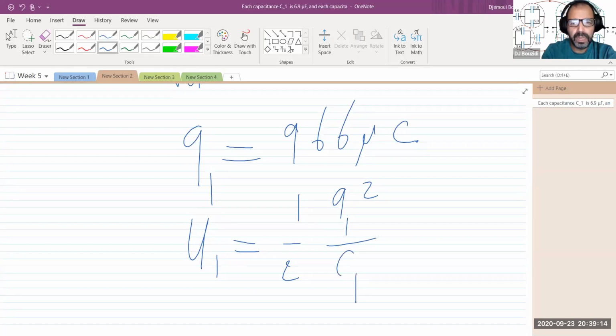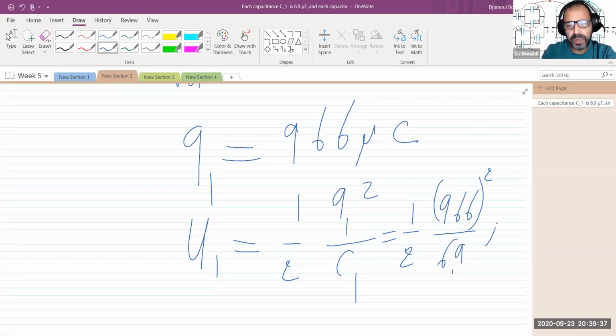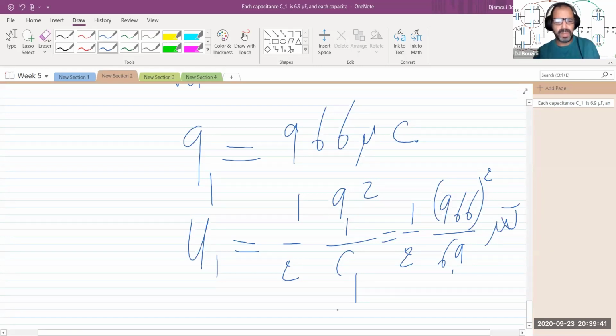Here is where I plug in the numbers: 1/2 times Q1 squared, which is 966 squared, divided by C1, which is 6.9. I have microcoulomb squared over microfarad, which is going to be a microjoule. The number might be big, so I might need to do some conversions, but it's no big deal.